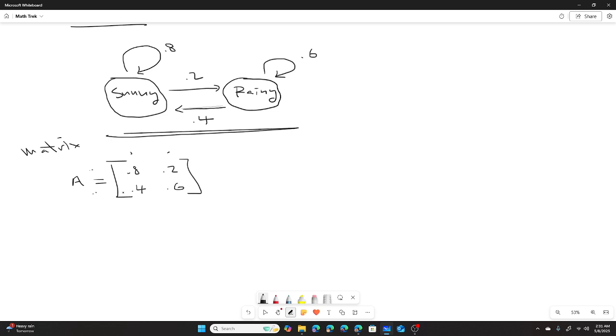Now, there's going to be an initial state, and then there's a future state, the final state, or tomorrow, the next state basically. So let's suppose the initial state for today is that today is sunny, then we are going to say 1, 0. This would be sunny.